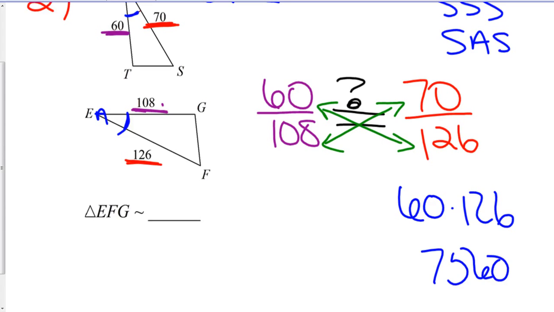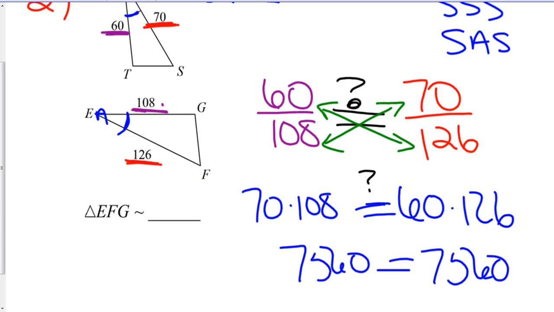Does that equal? Again, I'm going to put my question mark at the top line to see if it equals. Then I do 70 times 108, and I get 7560 again. So that does equal, and so what I'm going to have is triangle EFG is similar to triangle RST.